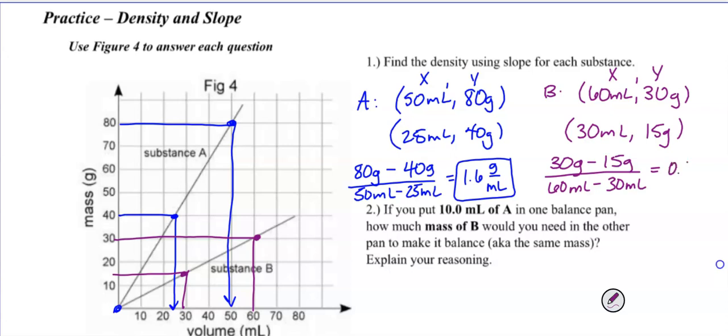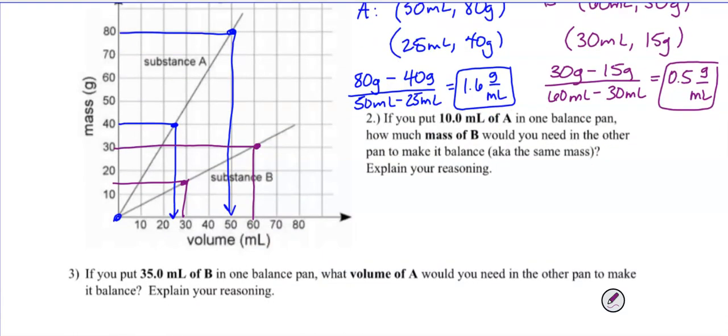So our prediction was correct. Our slope is going to be lower because it's less steep. So now I know that substance A is more dense. It has more mass per unit of volume compared to substance B, which has less mass per unit of volume. That means every time I gain 1 milliliter, I'm only going to gain 0.5 grams for substance B.